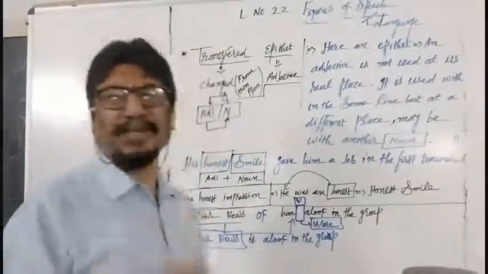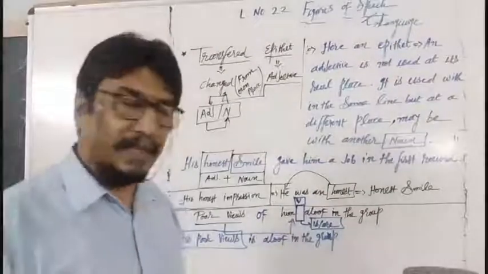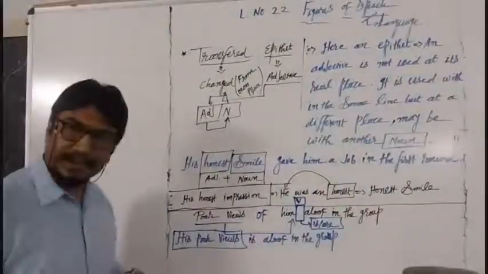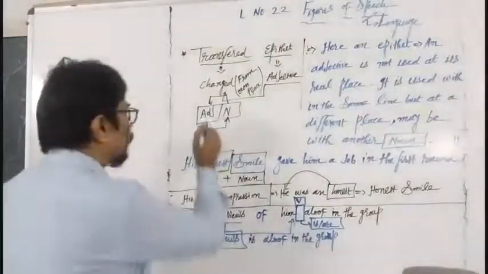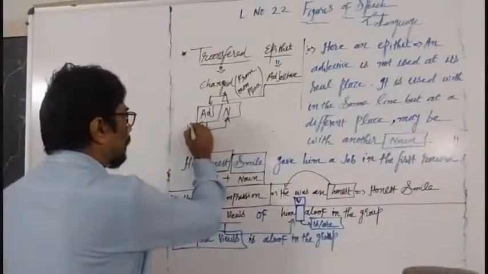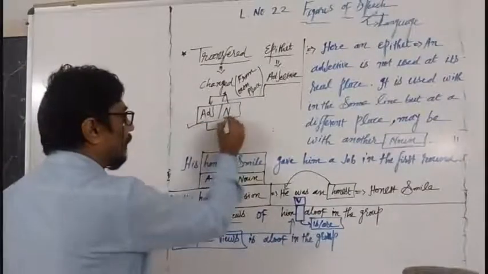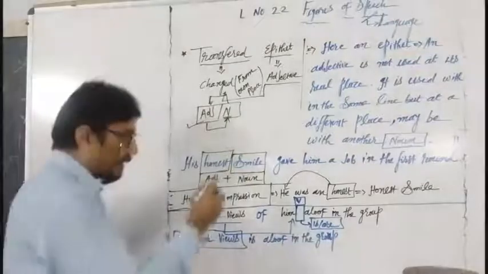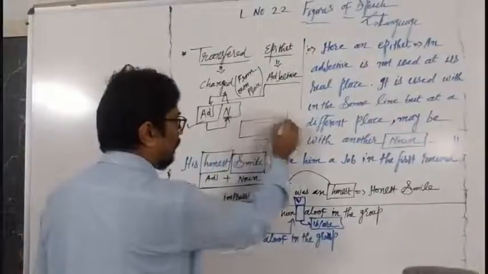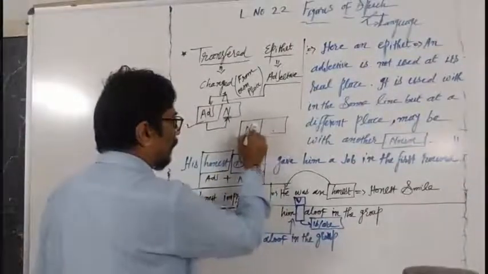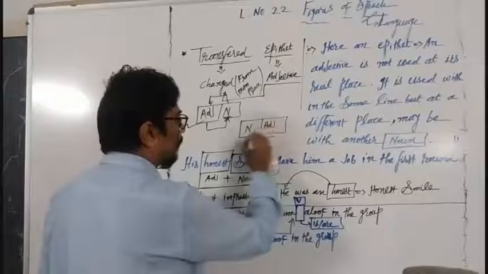What is the characteristic of an adjective? Mostly in all the languages, this would be the structure. First of all, the adjective will be used, and next to that the noun will be given. Somewhere else it may be possible that first of all the noun would be there, and next to that the adjective would be there.